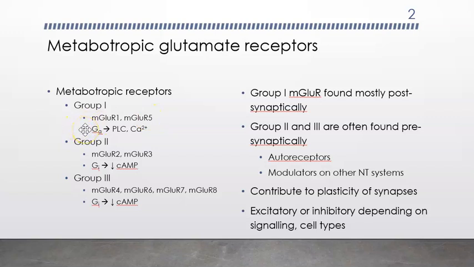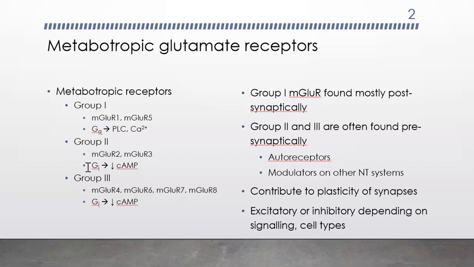These are GQ receptors, and so they lead to activation and the roles of PLC and calcium. Group 2 receptors. These are mGluR2 and 3.